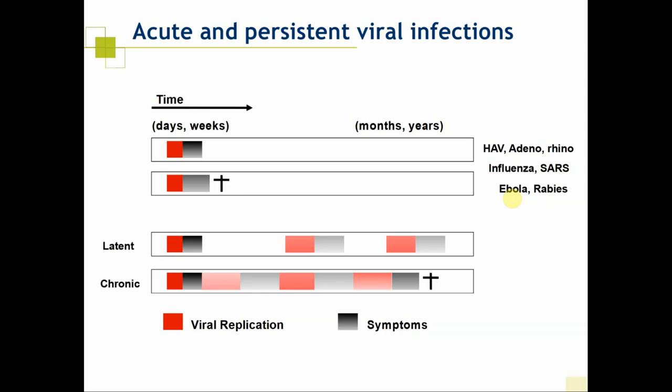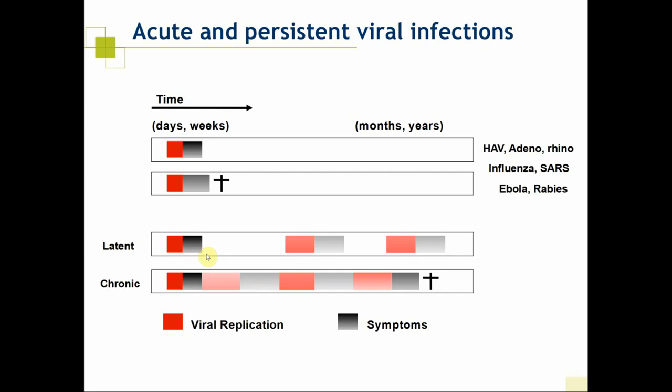And as well as that, some viral infections are persistent. They last several years or even decades. There are 2 types of persistent viral infection. One type is latent infections. In a latent infection, you get a primary infection, the virus replicates, it can be found in the blood, you have symptoms, then it looks like everything's fine.